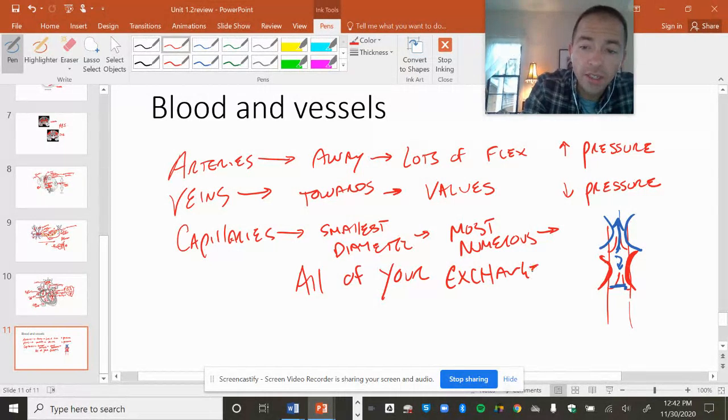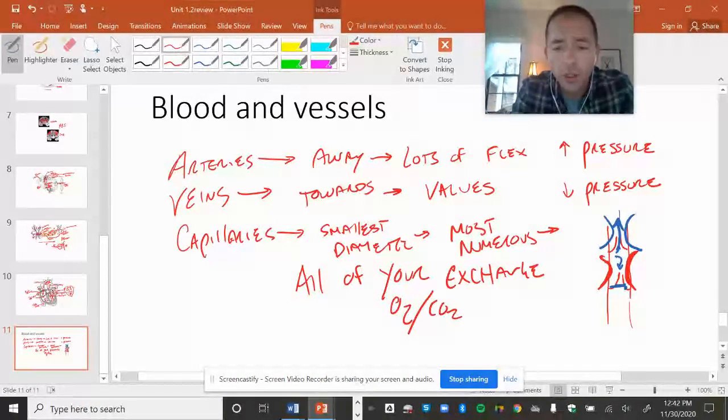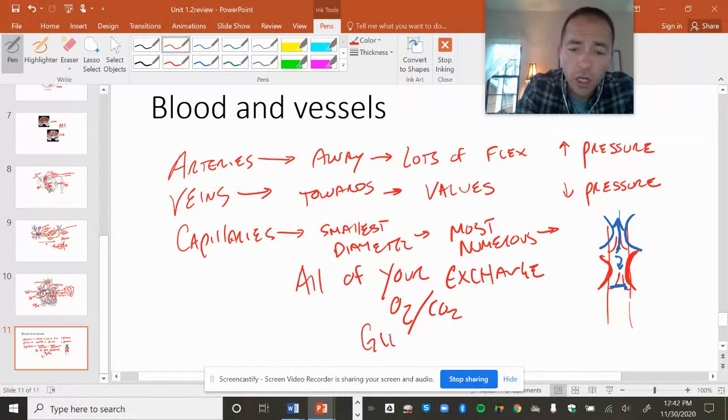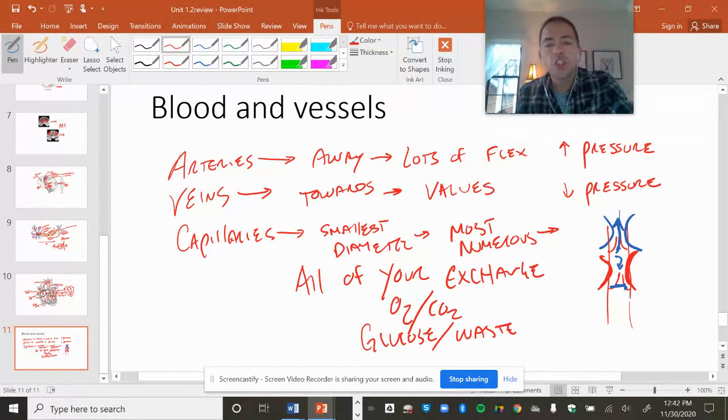Exchange of what? Exchange of oxygen with CO2 in the lungs, exchange of oxygen with CO2 in all your cells, the exchange of glucose, your food source, with all the cells that need the glucose, and the waste that comes from it. This is your exchange zone, your capillaries, and that's why they're the most numerous.